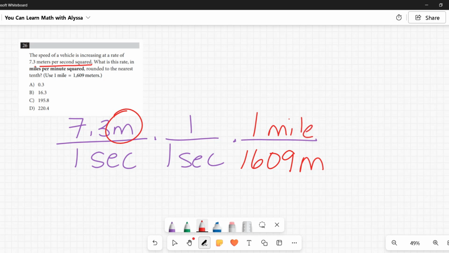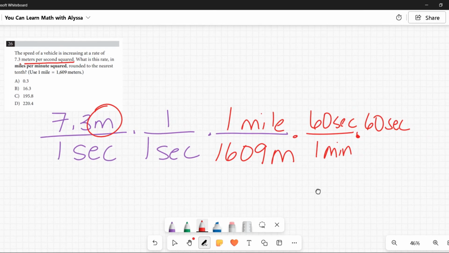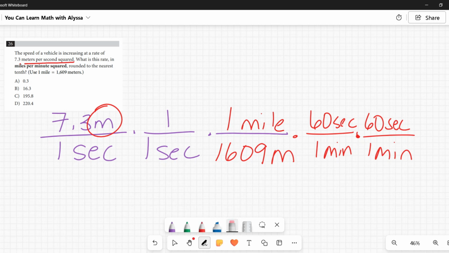Then to get these seconds to disappear and to get minutes squared, I'm going to multiply by saying there are 60 seconds in 1 minute, and again, there are 60 seconds in 1 minute. I'm just writing ratios that are true because I want to do this math and have all the unwanted measurement terms gone.